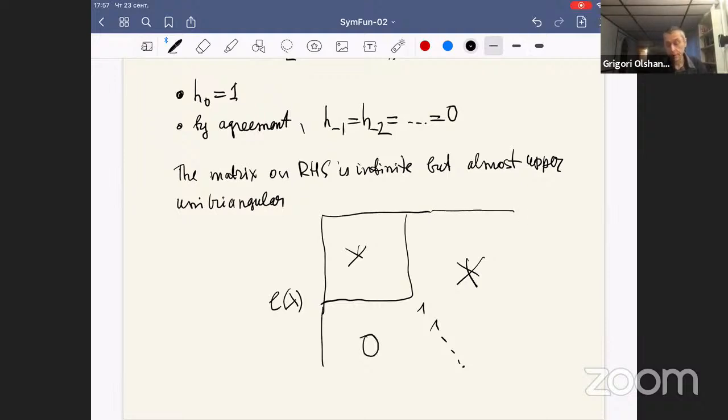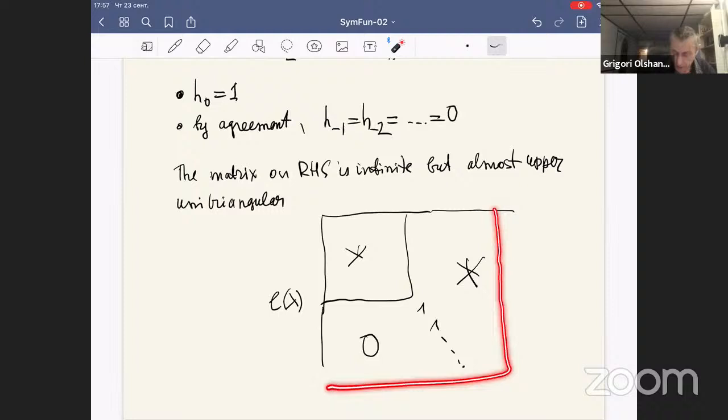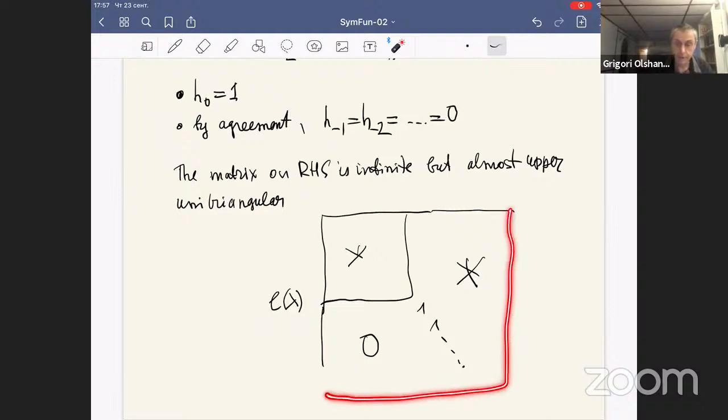And this matrix is of infinite size, but its determinant is well defined because we can truncate it at any level which is at least equal to this number. And the result is the same. The determinant becomes stable as we truncate it on a level which is greater or equal to this number.